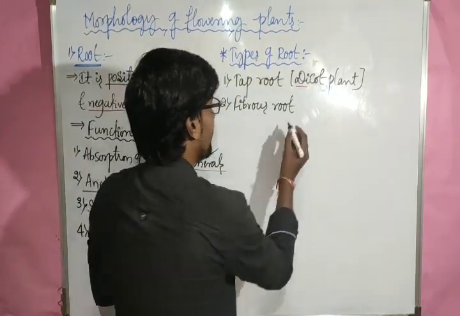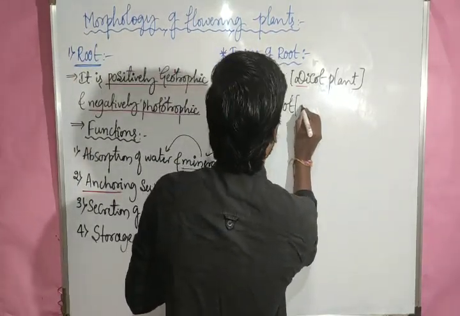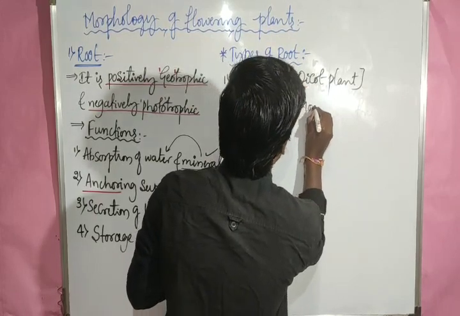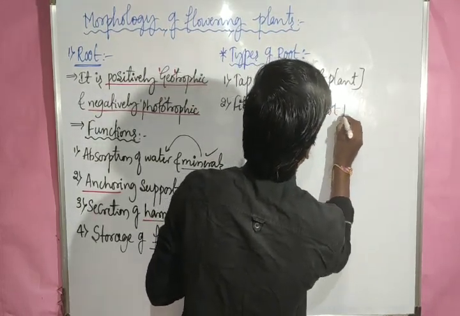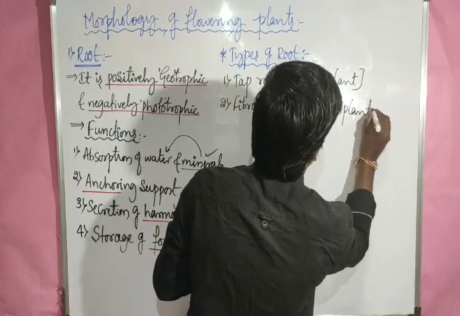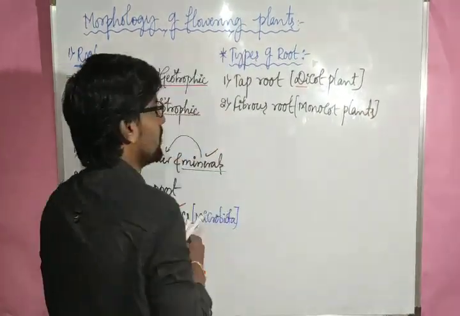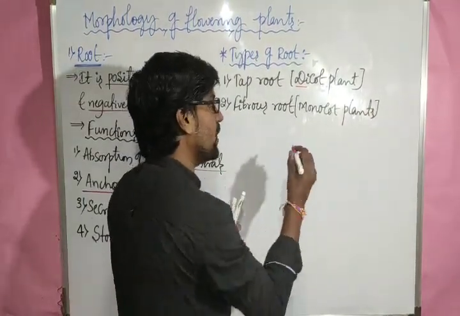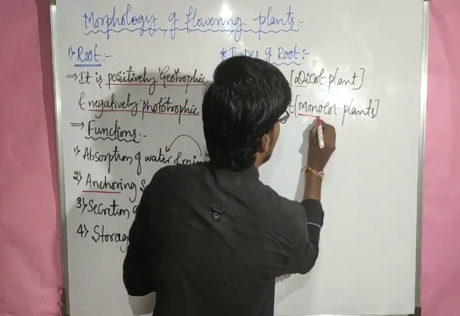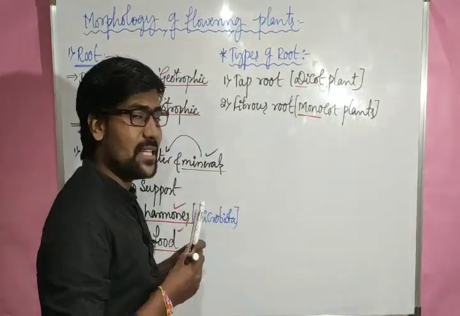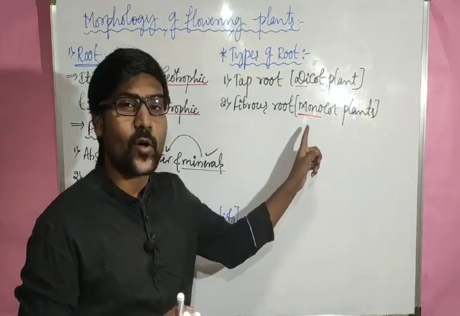And if you consider the fibrous root, it is observed in monocot plants. So as already I told you, uni or mono means single. That means the seed which is having a single cotyledon.